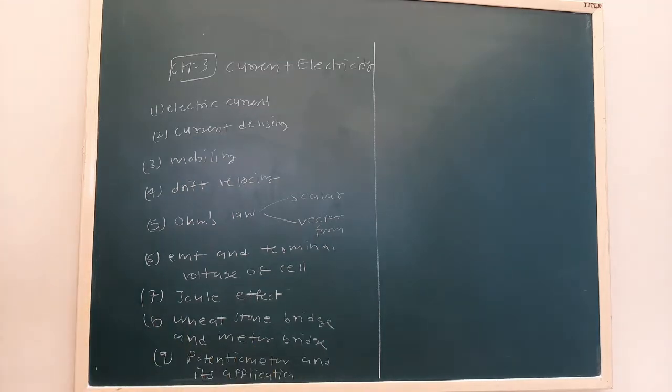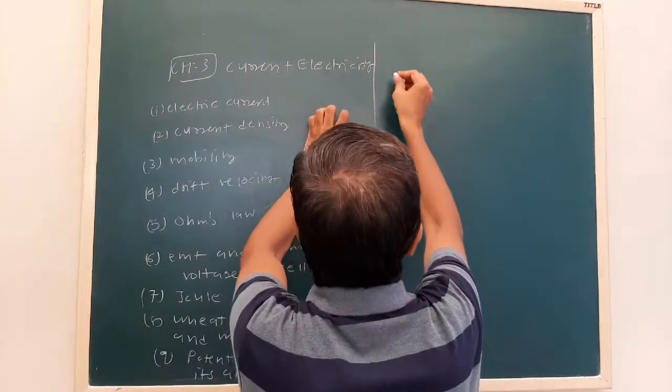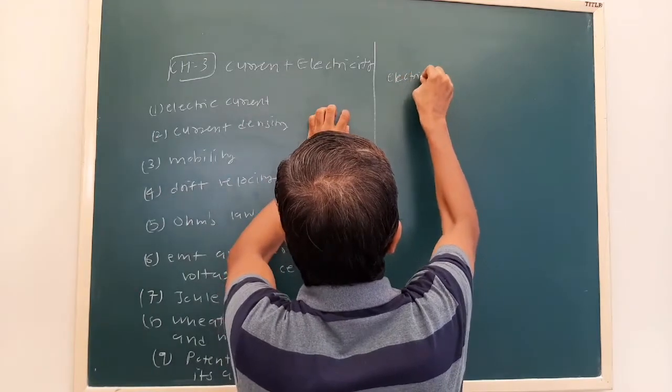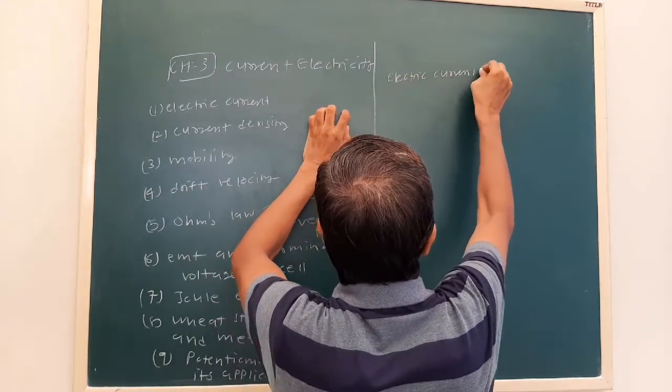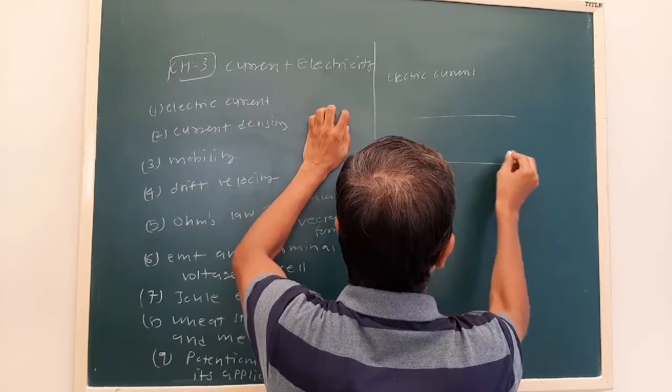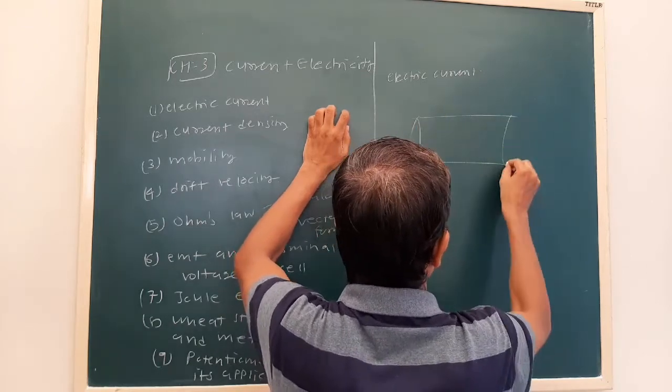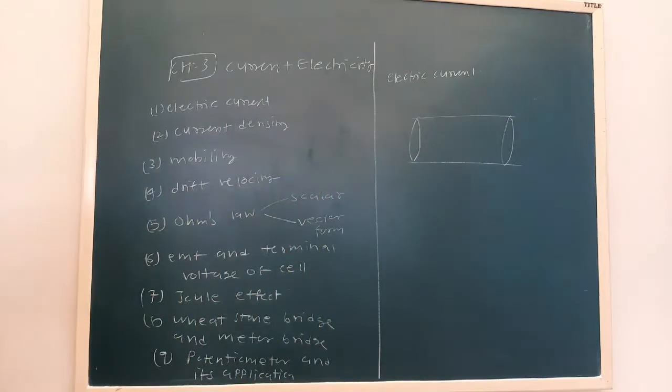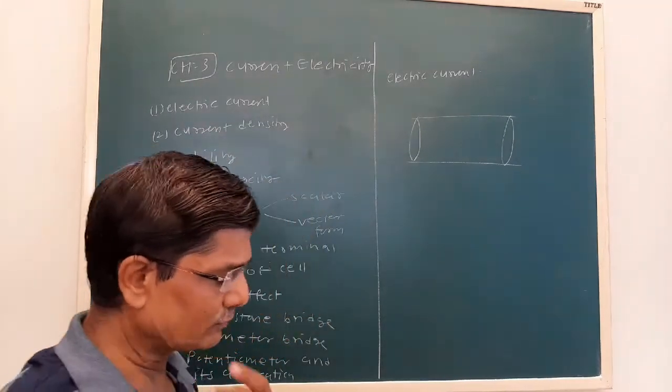Okay, now we start with the electric current. Now consider the cross section of a conductor. We know metals are good conductors of electricity. Now see the structure of metal also we know.